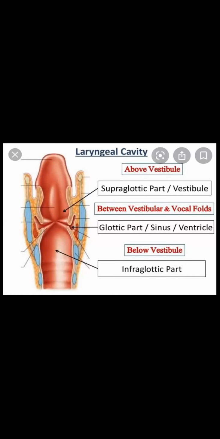As you see here, this is the area of the ventricle. While the infraglottic cavity is the area found below the vocal cord. These are the spaces that should be known in the larynx.